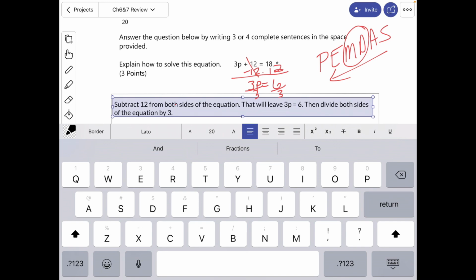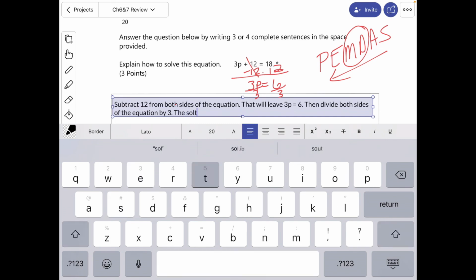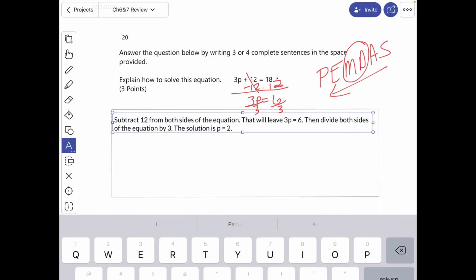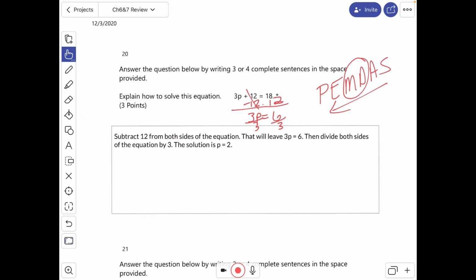When I divide both sides by 3, the 3's will cancel, and p is going to be 6 divided by 3, which is 2. So I'm going to write the solution is p equals 2.